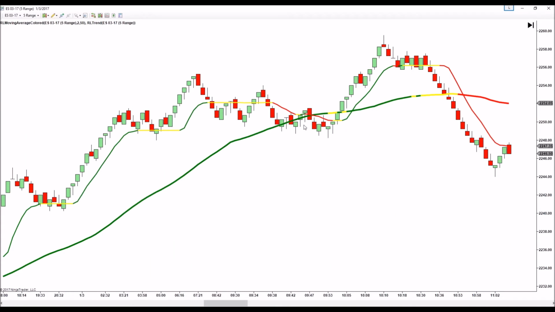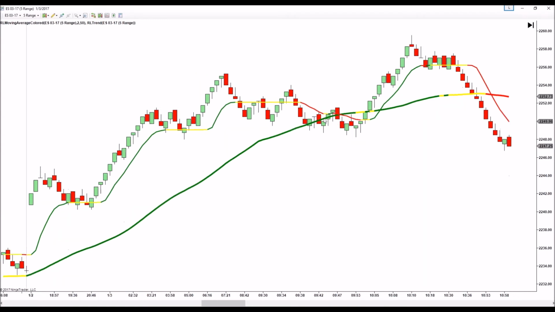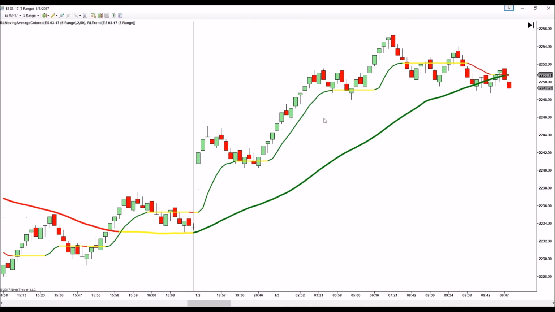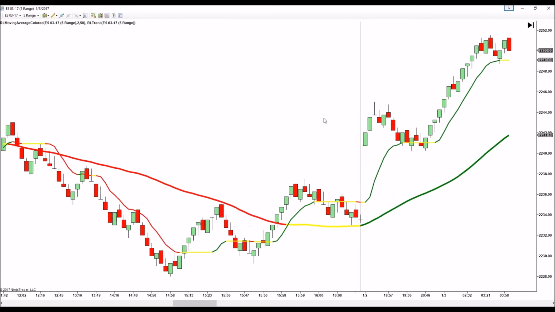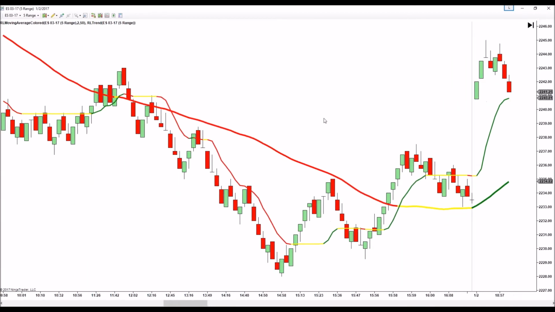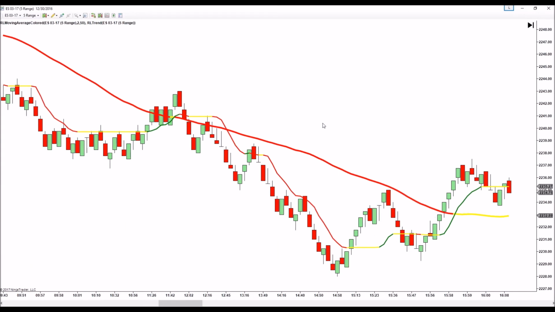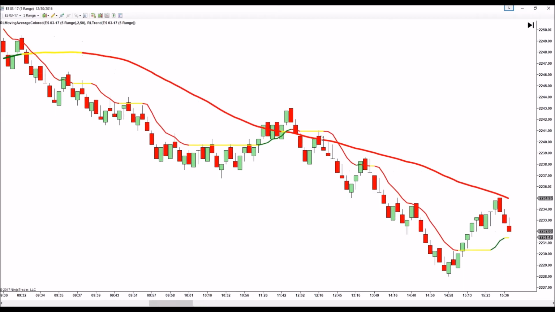Now see here, there's no defined direction. We've got the 50 in one direction, the 15 in the other. So you can't even look at a channel to trade. And let's look at another.